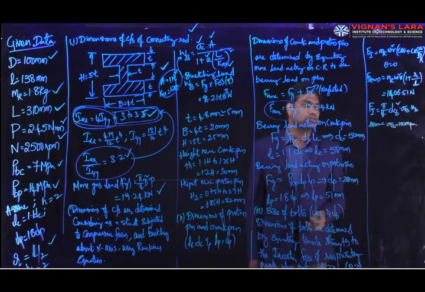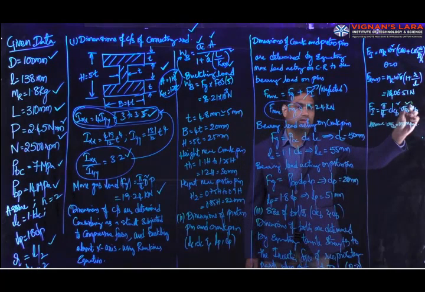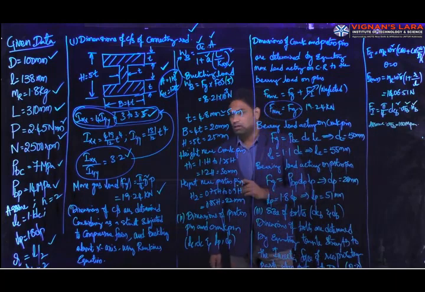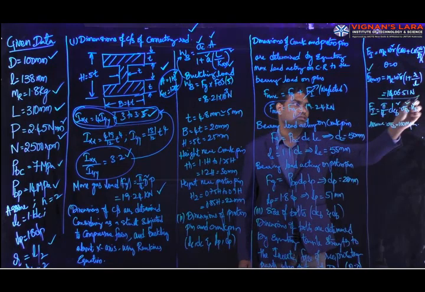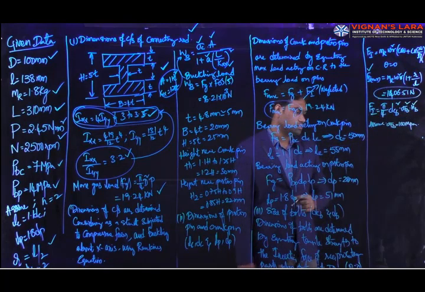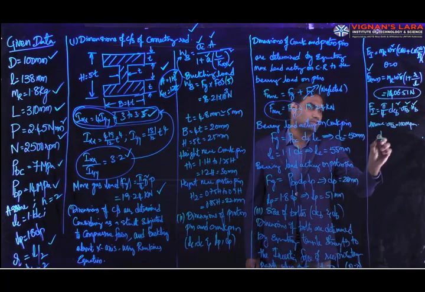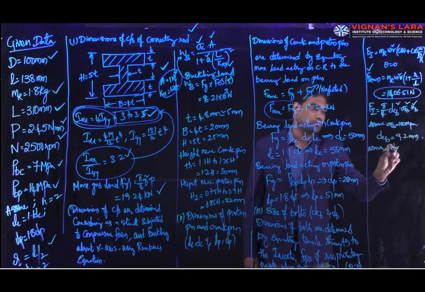I can substitute both the values of sigma tb and the number of bolts in the equation, equating with the maximum inertia force Fi max that we calculated in the earlier step. From that, the core diameter of bolts comes to around 9.2 mm. From that I can calculate the nominal diameter of bolts.